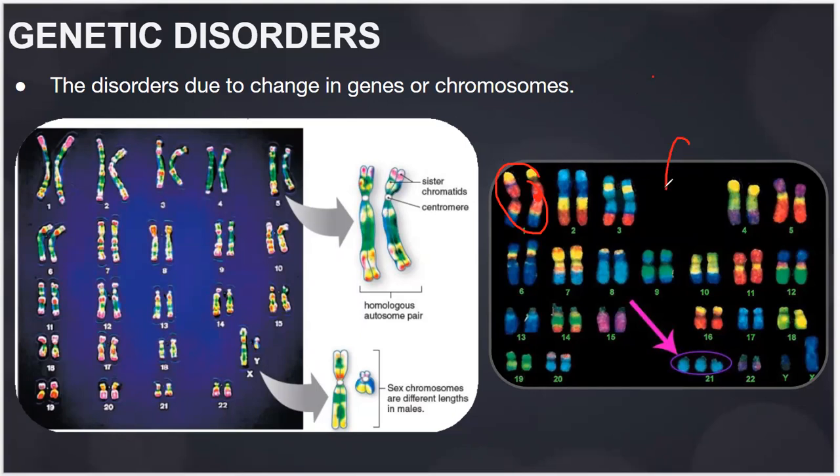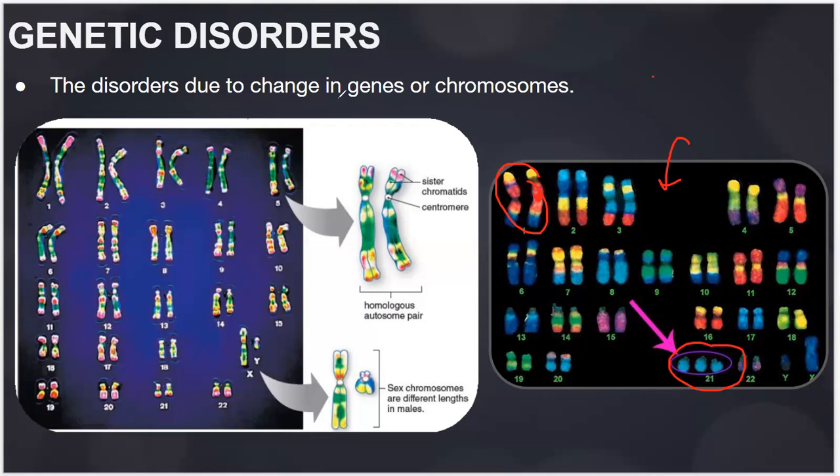either addition of an extra chromosome, like this you can see, 21. So here you can see, for example, 21 chromosomes. There should be only 2 copies of each chromosome, right?